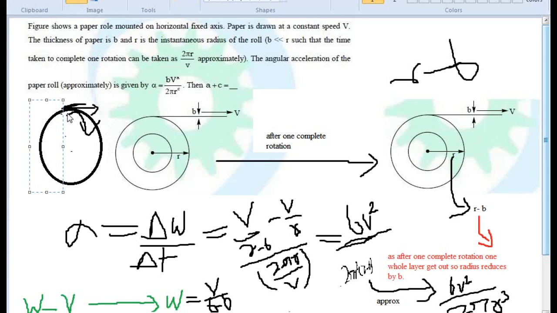But the part which was first here and which has gone here will have a layer removed, but the part which haven't rotated through this point will have some extra paper over it which haven't been removed, and therefore the distance of the points at periphery will be different at different regions.